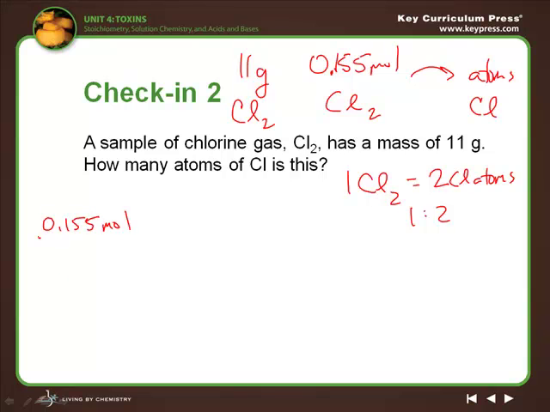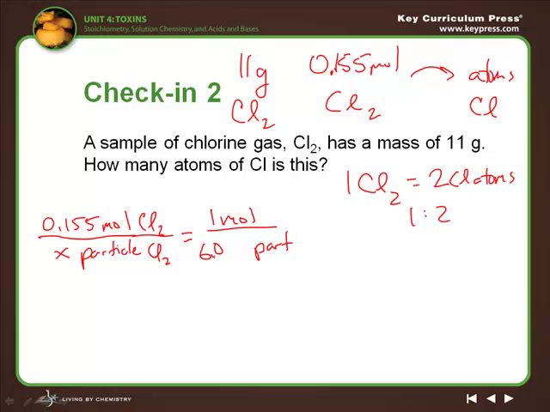So when we have 0.155 moles, we have to convert this into particles. And the particle is the Cl2, the mole is the Cl2 we're looking at. So in 1 mole, there's how many particles? 6 point what? 6.02 times 10 to the 23rd. Avogadro's number of particles.